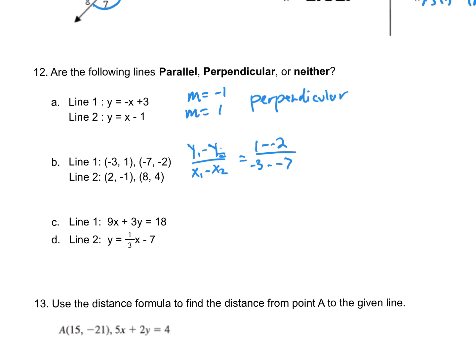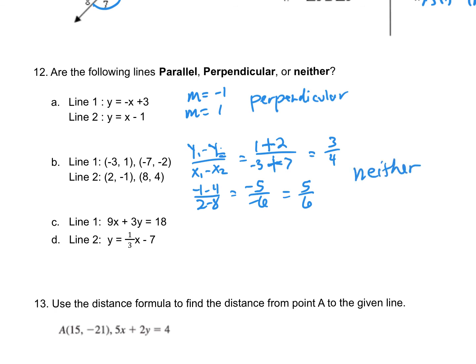This turns them into pluses, minus a negative. So this is 3 over 4. Second one, -1 minus 4 over 2 minus 8, which gives us -5 over -6, which is 5 over 6. They are nothing in relationship to each other, so it is neither.